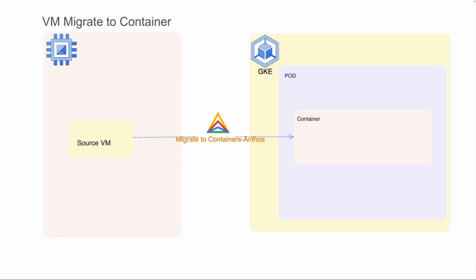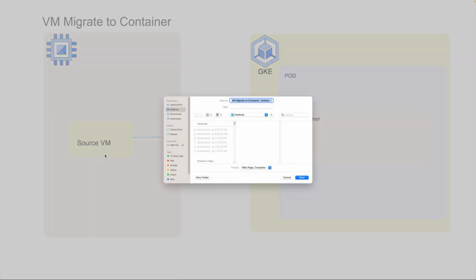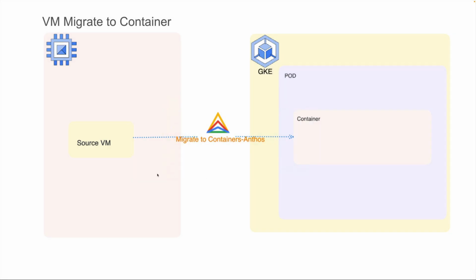As you can see on the left hand side, this is my source VM, and the tool which I will use is Migrate to Containers, and then finally with the help of this migration tool, I will migrate the VM to container.